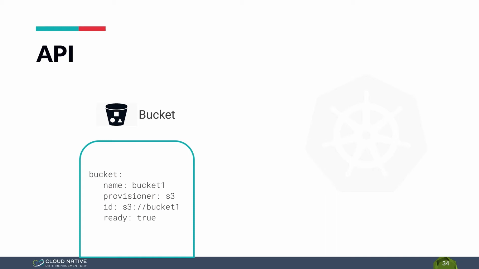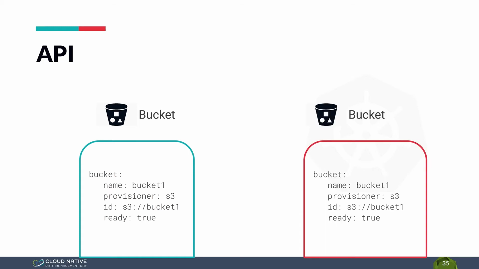Cross-cluster means you create a bucket in one cluster, say the blue cluster, and you want to move that bucket to the red cluster. So the way COSI enables this is an admin would have to create a copy of the same bucket object. So when Kubernetes creates the bucket object in the blue cluster, an admin would have to copy that YAML and then push it into the new cluster.